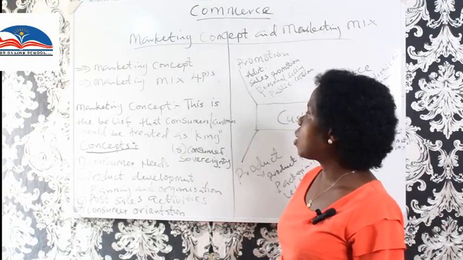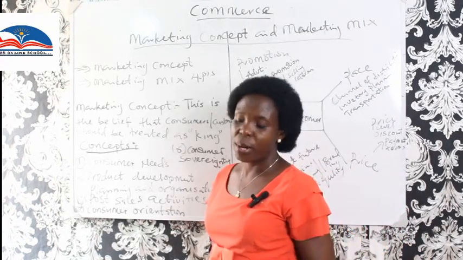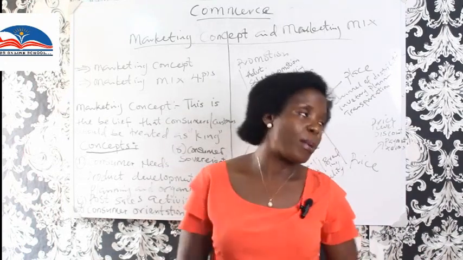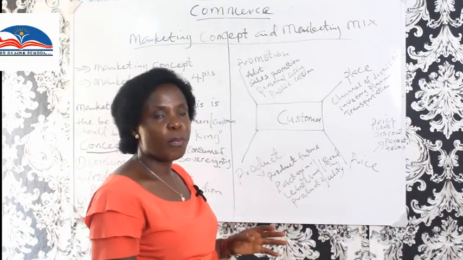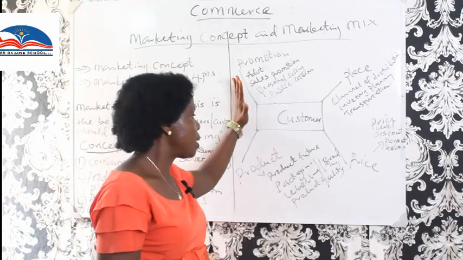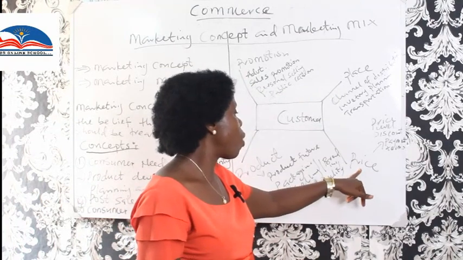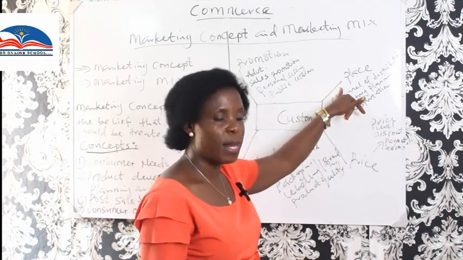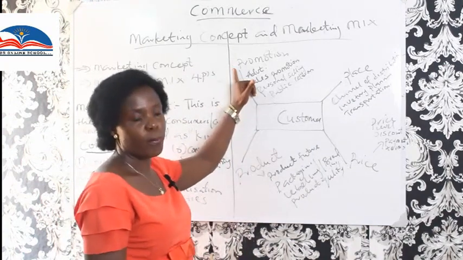Now let's look at the second objective, which is the marketing mix, the 4 P's of marketing. Maybe you've heard about the 4 P's of marketing. Now, in the 4 P's of marketing, we have the consumer at the center. The other P's: P1 is price, P2 is place, P3 is product, P4 is promotion.